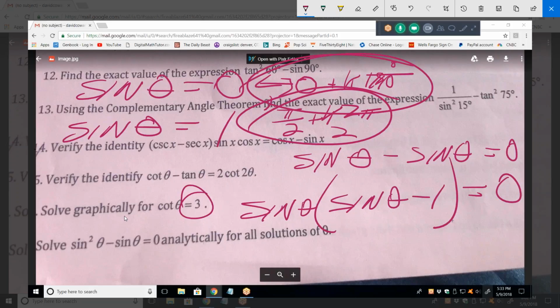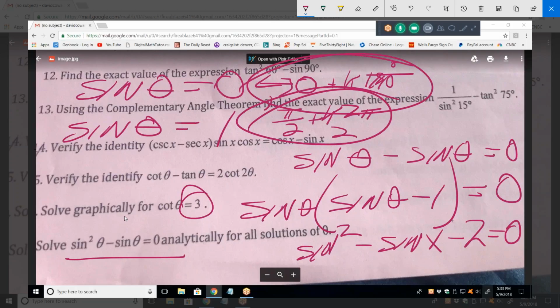But whenever you're solving trig equations like this, think factoring. It's almost always either a factoring problem or it could even be a quadratic. If I had this, that's just a quadratic function. It's going to factor into sine minus 2 times sine plus 1.